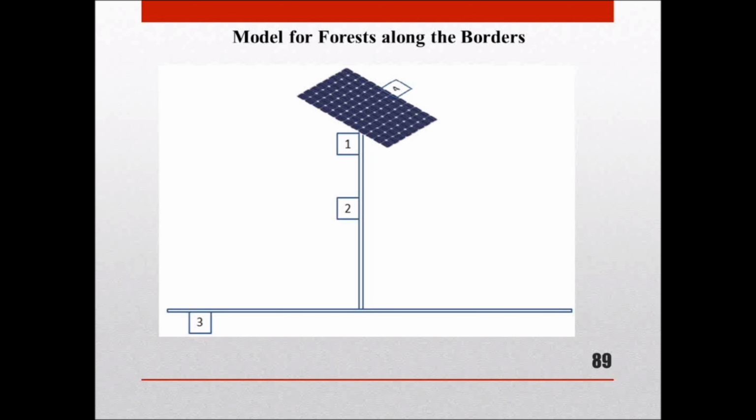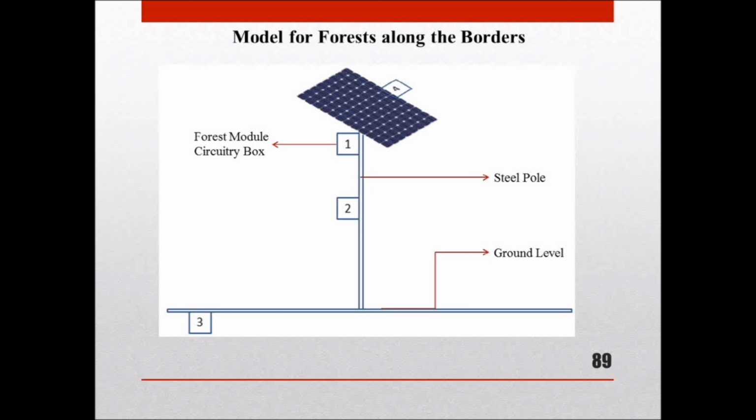Now we will see the model for accessible forest. This is the mechanical model for accessible forest, and this is the ground level. In the ground we are erecting a pole made of steel. That steel pole has a hollow hole inside it, so that the wire connections can be made through that hole.